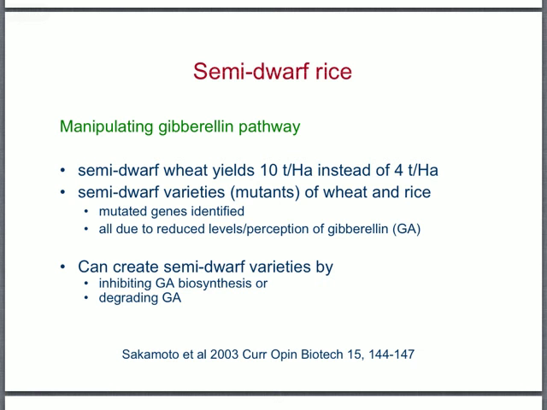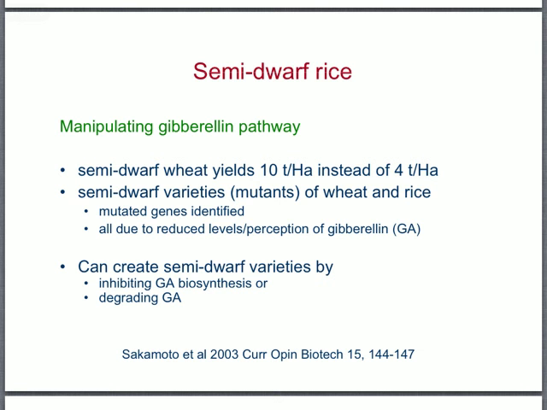We can compare semi-dwarf varieties of wheat, and if you look at the yields of these plants, they're around 10 grams per hectare, whereas if you have the taller varieties, there's 4 tonnes per hectare. This means that the semi-dwarf varieties are giving at least more than a 2-fold increase in yield. So having better plant varieties, we can double the yield of wheat.